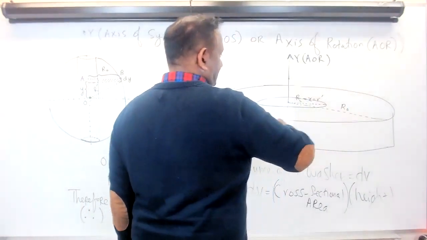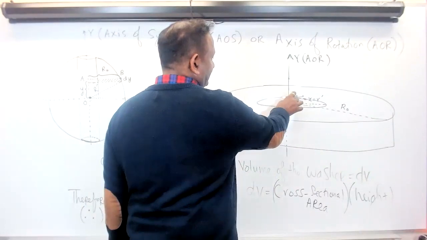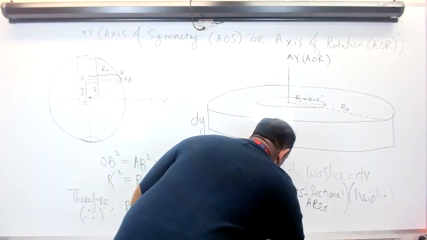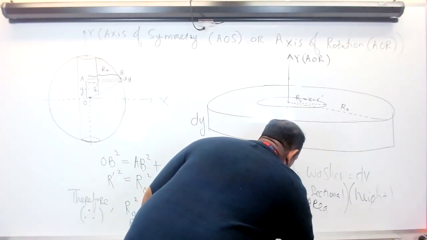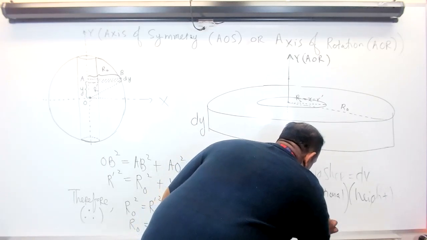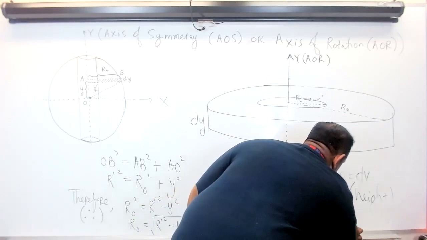See, it's a circle. Outer circle area minus the inner circle area, because there's no contents or the material in this area, okay? So pi r naught squared minus pi r inner squared times dy. See?